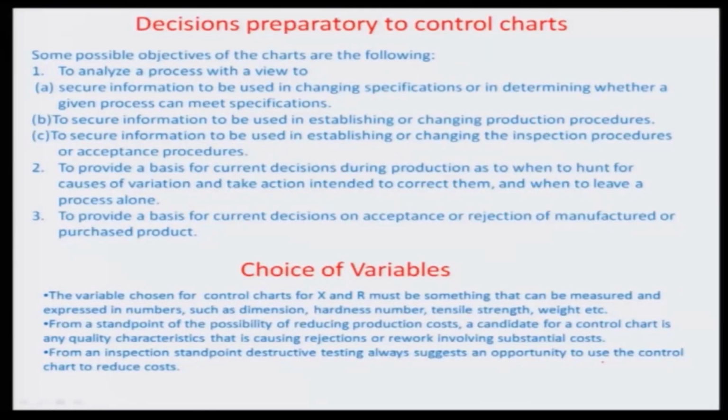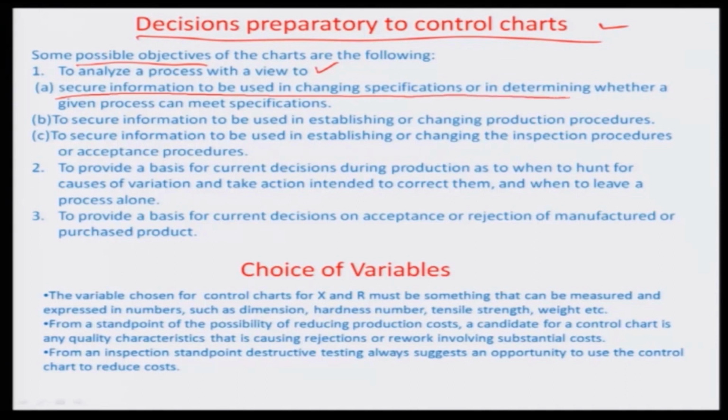Now, let us look at decisions preparatory to the control charts. You will have to have some possible objectives laid out. First of all, you have to analyze the process with a view to secure information which is to be used in changing specifications or in determining whether a given process can meet the specifications or not.